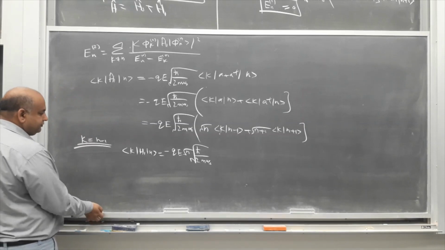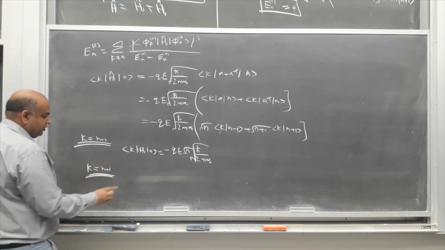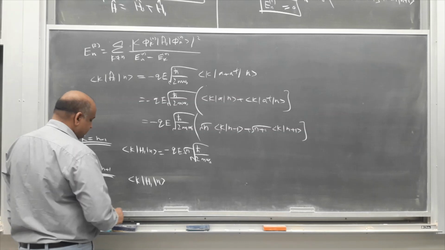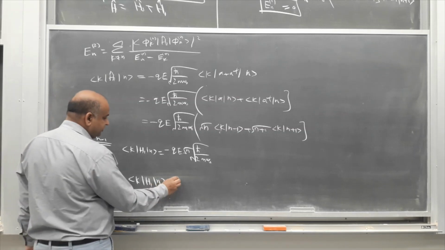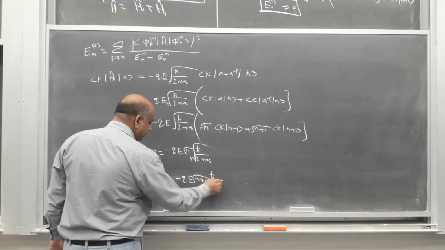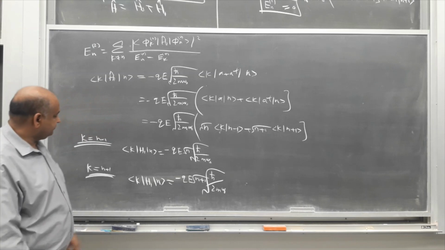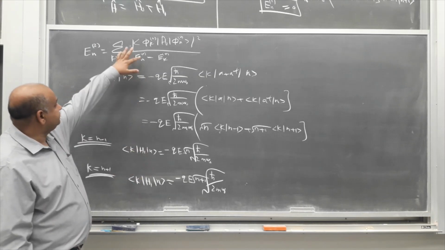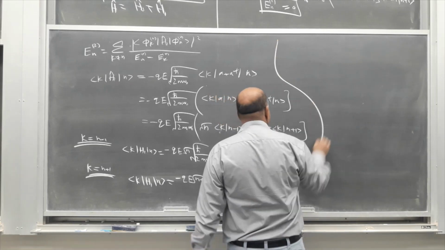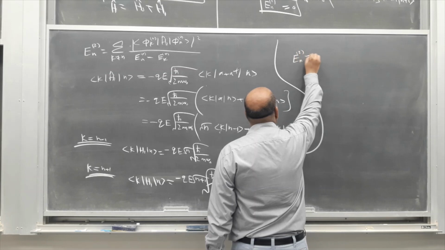The next term is when k is n plus 1, where this becomes minus qE √(n+1) √(ħ/2mω0). Let's now substitute these in the series.